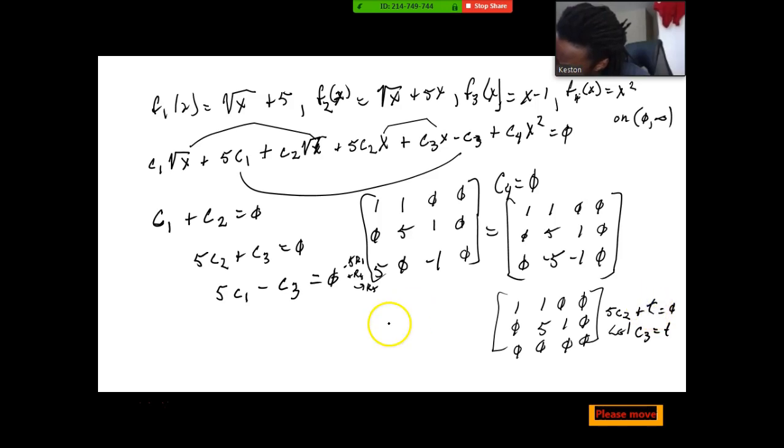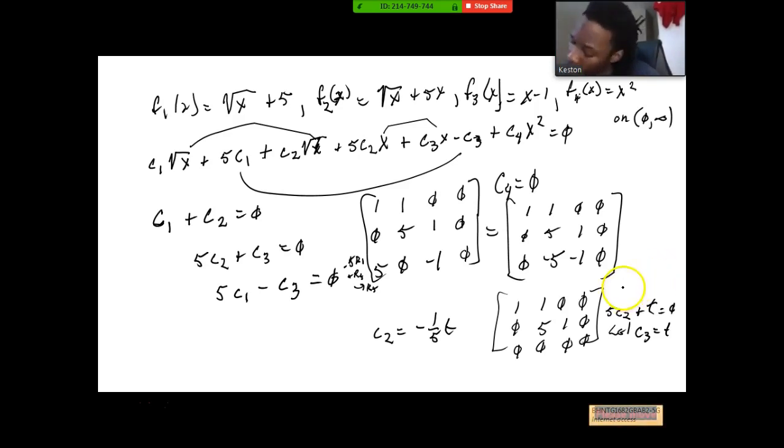In other words, C2 is equal to minus 1/5 T. Sorry. Subtract T from both sides, divide by 5.